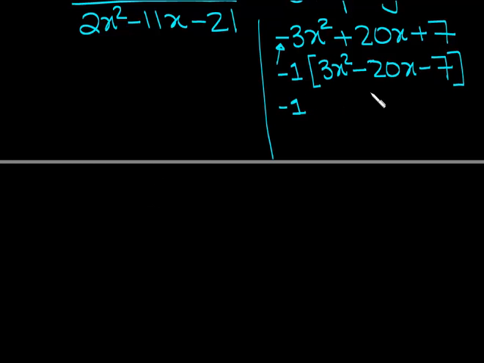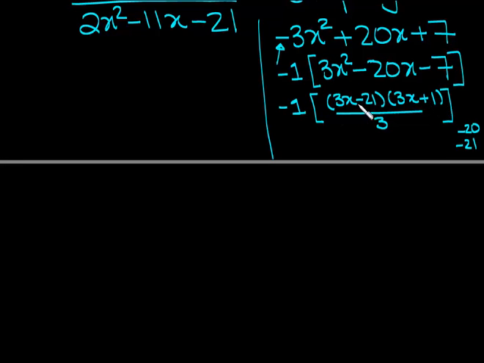There's nothing common here, so we use the AC method. So I get 3x on the top, and 3x over 3. I want two numbers that, when I multiply, I get 3 times negative 7, which is negative 21, and when I add, I get negative 20. You can play with numbers in your head to do this. You'll end up with negative 21 plus 1.